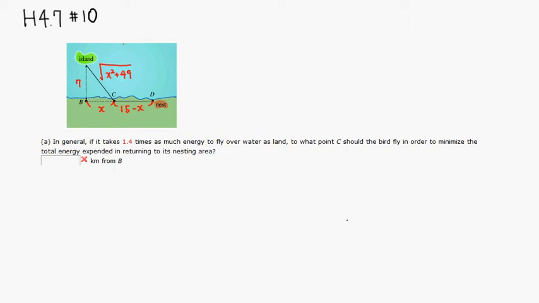So the energy function, E of X, can be written as 1.4 times the square root of X squared plus 49, plus 1 times 15 minus X.